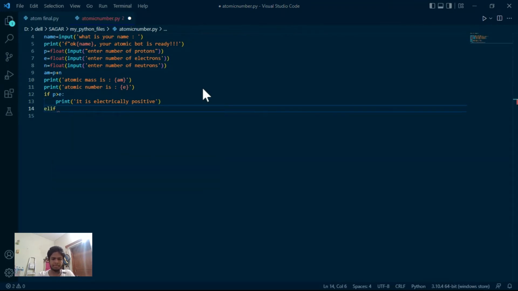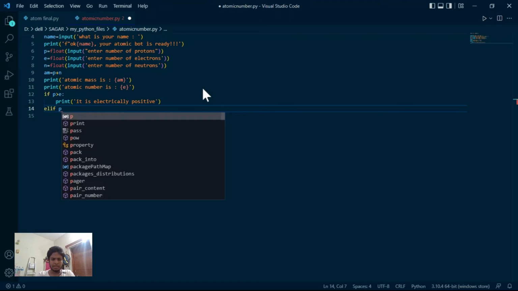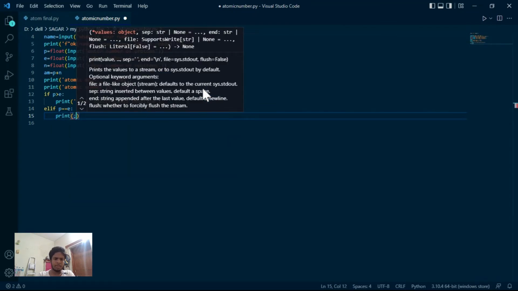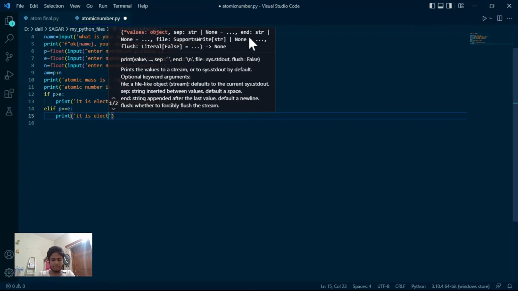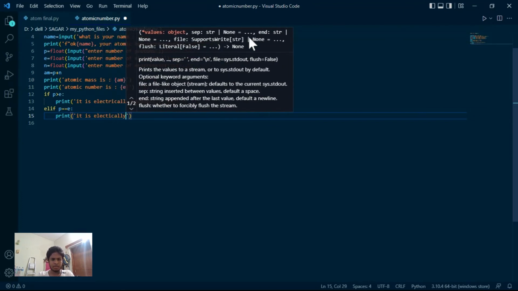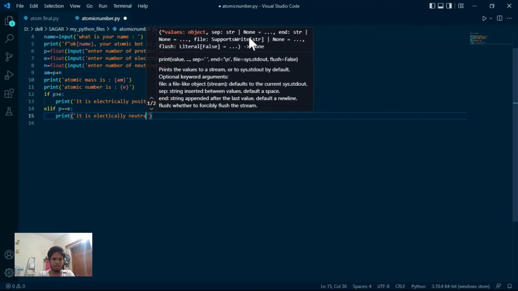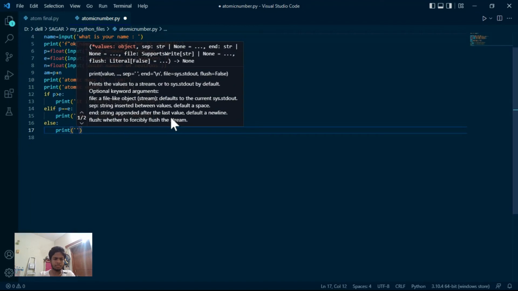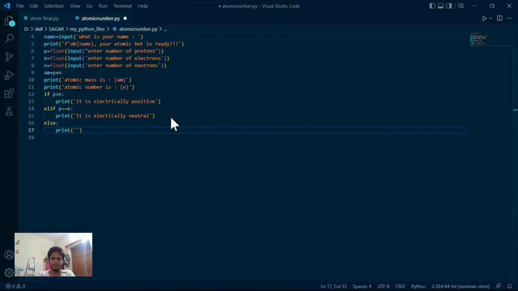If P is equal to E, print it is electrically neutral. Else, print it is electrically negative.